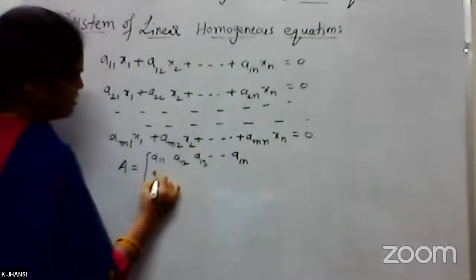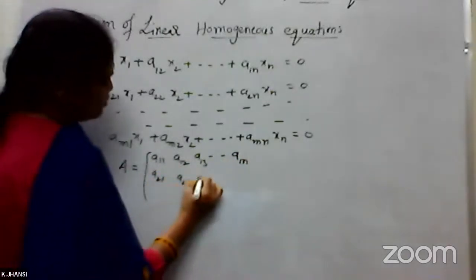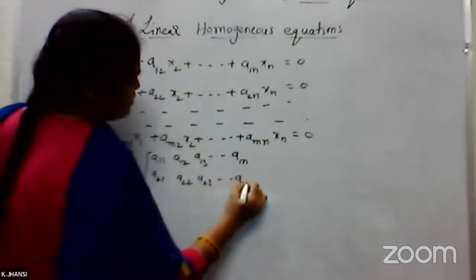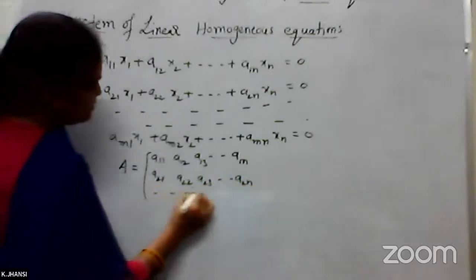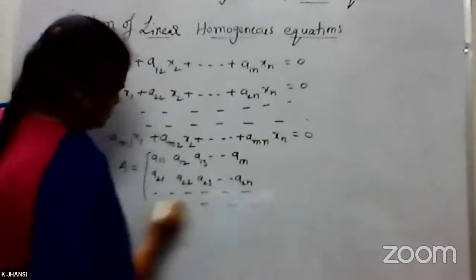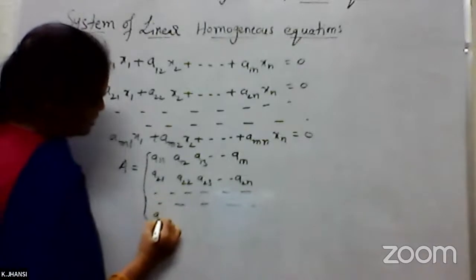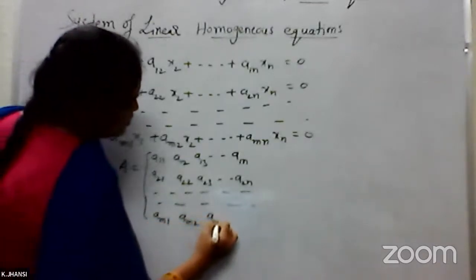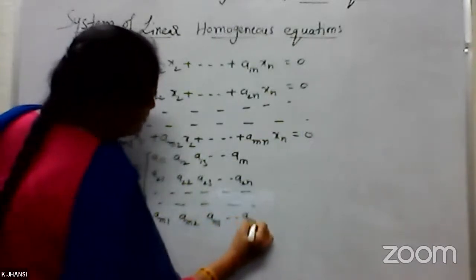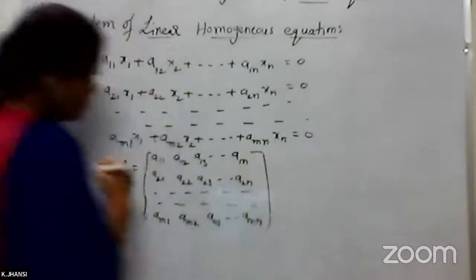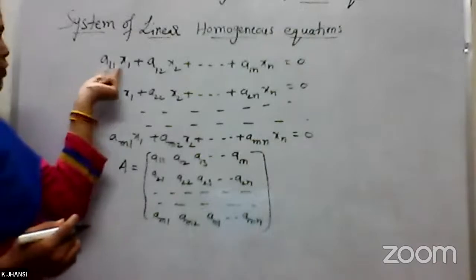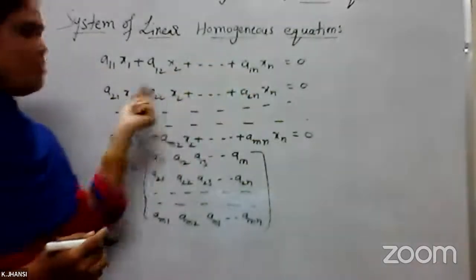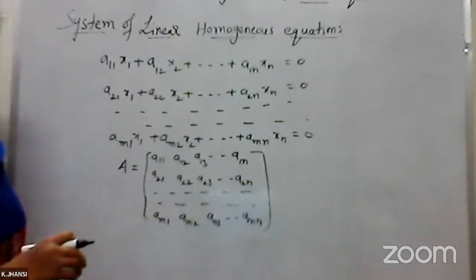A1n, A21, A22, A2n, and so on, Am1, Am2, so on, Amn. This particular A, whatever coefficients are there for the linear combination, we take them and write as a matrix.